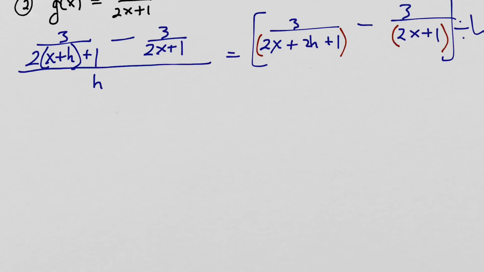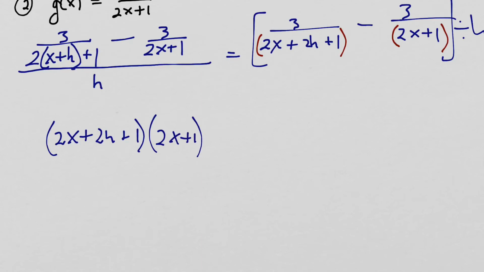So my denominator is going to be 2x plus 2h plus 1 and 2x plus 1. This one is going to have to be multiplied by 2x plus 1 over 2x plus 1.